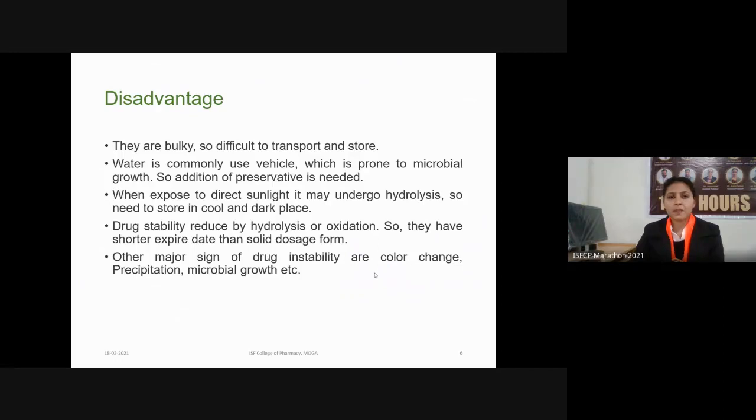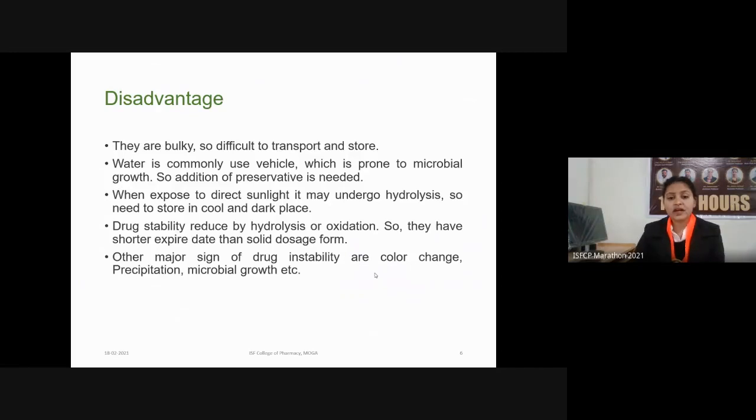As we know, in the preparation of monophasic liquid dosage forms, the most common vehicle that we use is water, because water shows high compatibility with other excipients, water is easily available, and water is cheaper.